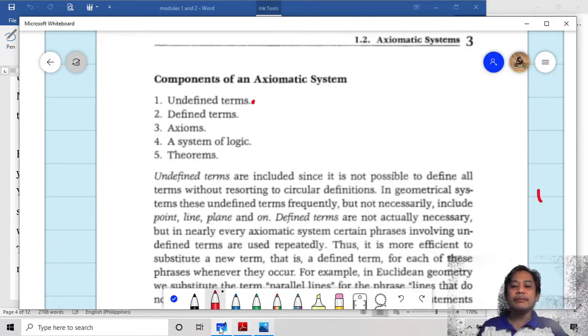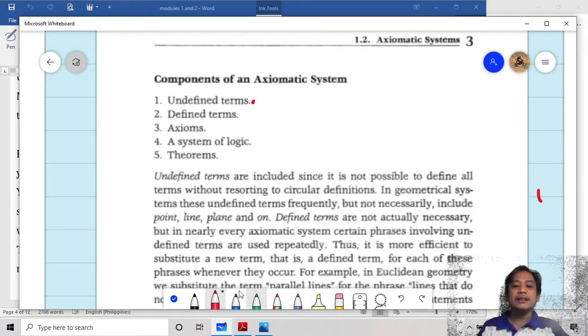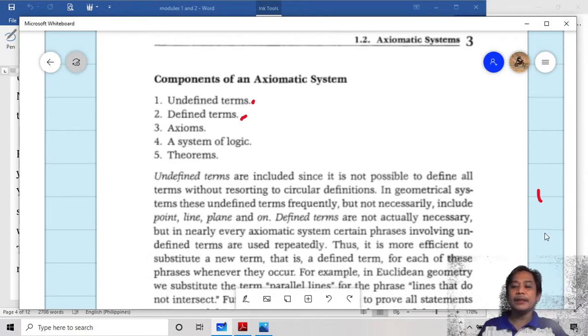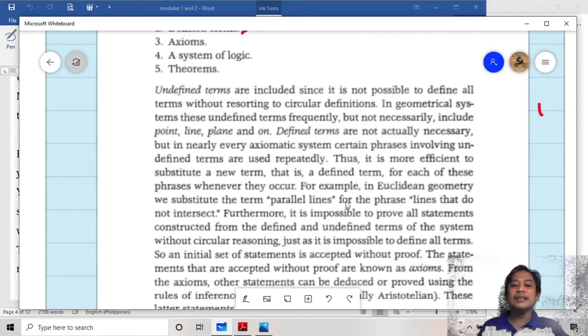And then we have the defined terms. Along the way, we would need to mention terms which make use of our undefined terms. So we can define these terms making use of the undefined terms. So for example, again, we define parallel lines as lines that do not intersect.